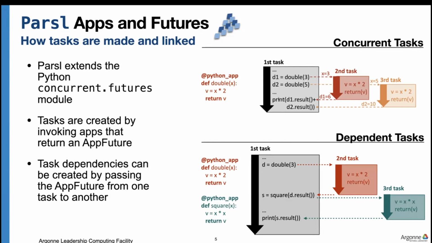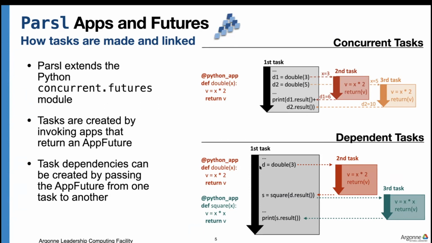And here, this print statement that prints the results of D1 and D2 is a blocker on the code. So you create these futures, they go out and get fulfilled, and then you need to include something in your program that will wait on the results for them to be returned. And so that's what this print statement does. You can also create tasks that are dependent on one another.